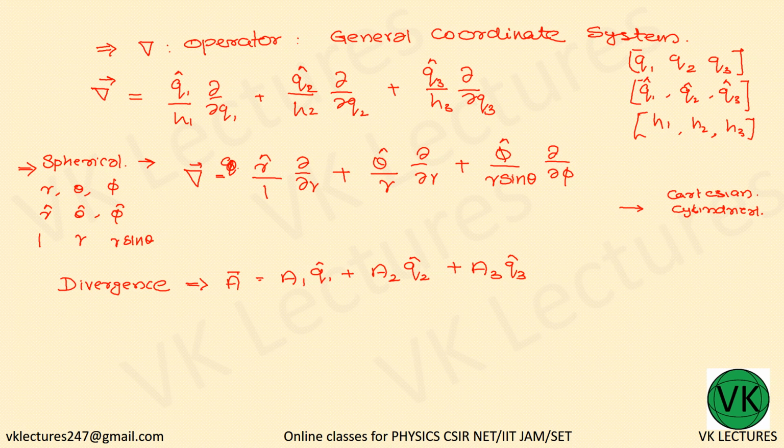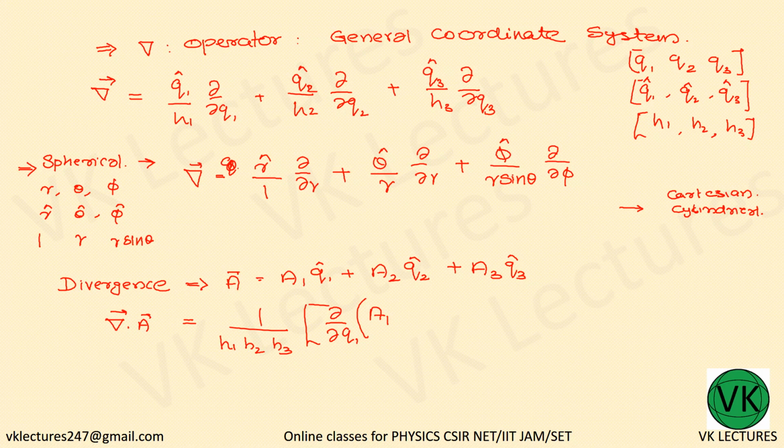Del dot A, the divergence, is given by 1 divided by h1 h2 h3, dou by dou q1 of A1 h2 h3, and the other two are h2 and h3.